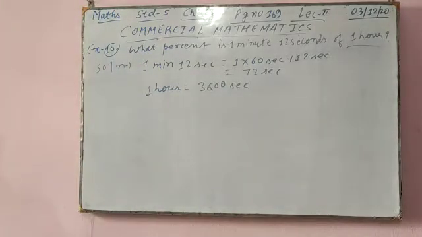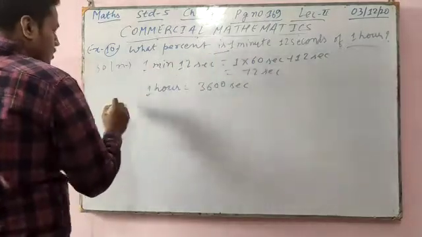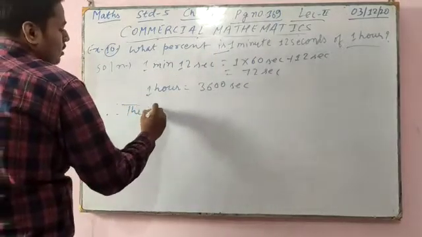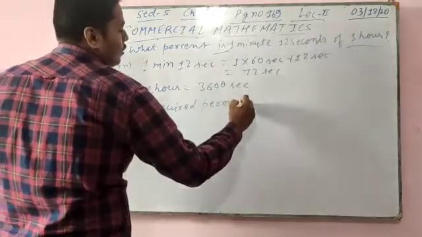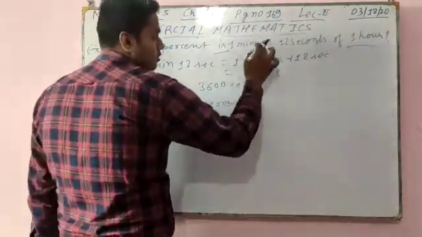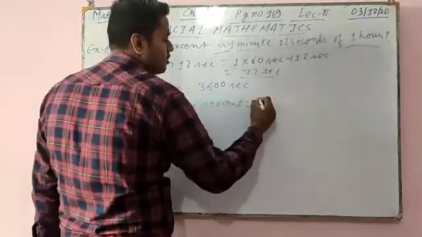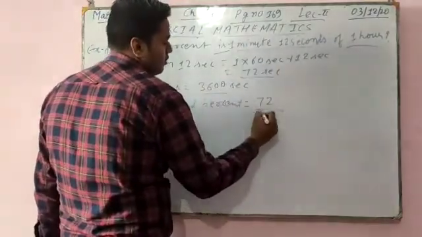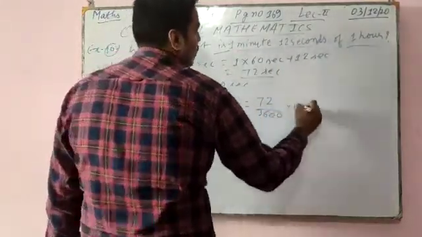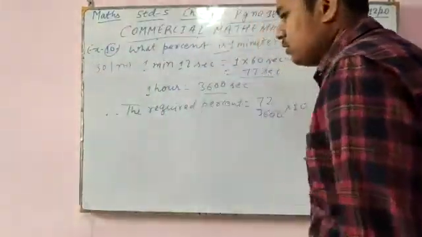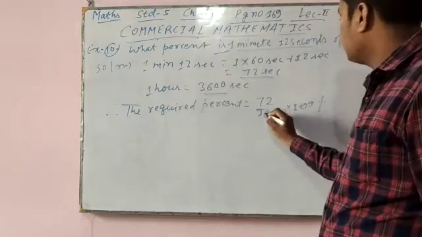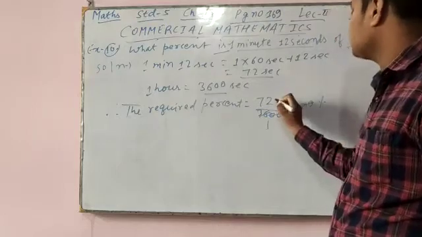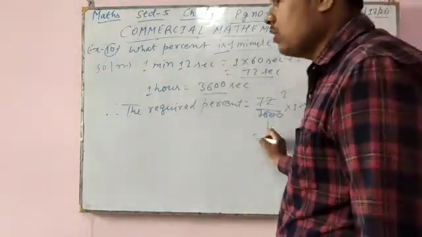Now what I told you, your required percent will be what? I told you this. Okay, means I have changed into this by this into 100. 20 times, 30 times 1 is 36, times 1 is 36, 36 times 2 is 72.